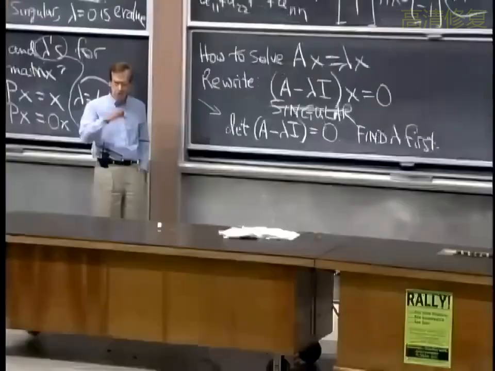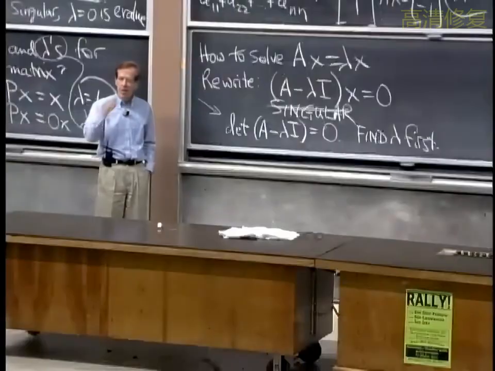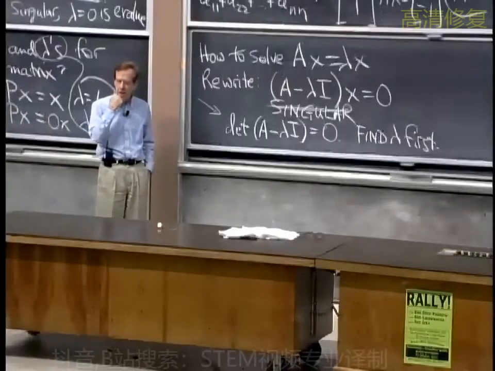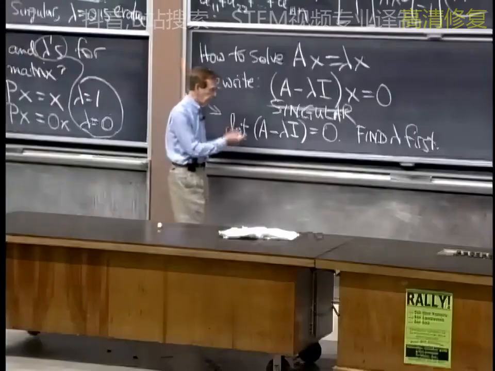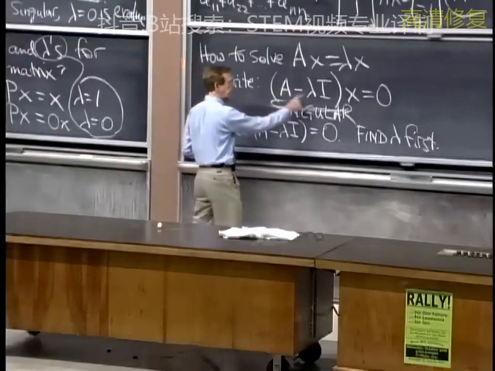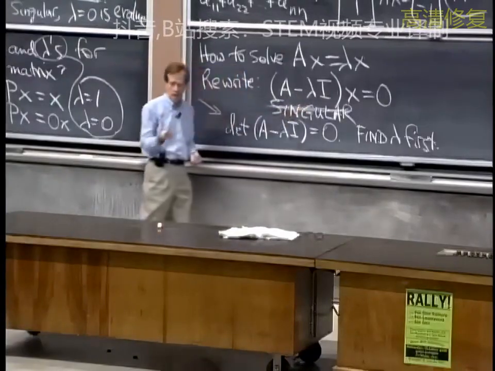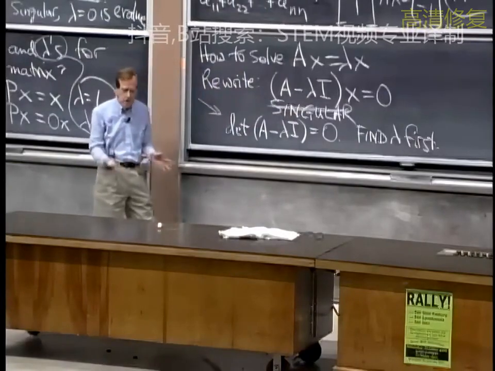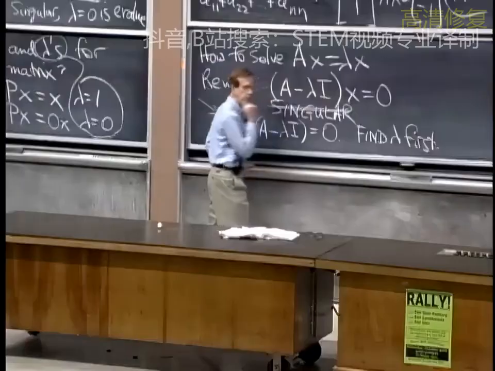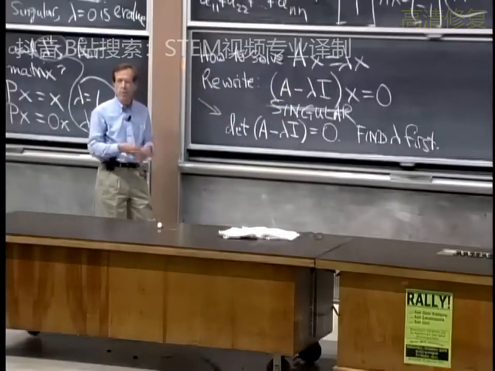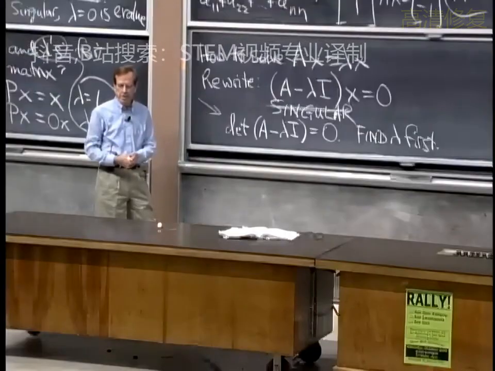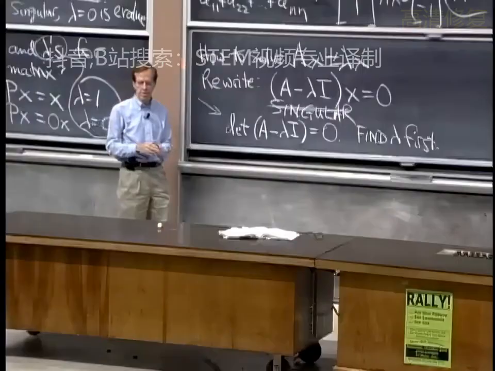Okay, and after I found this lambda, can I just look ahead? How am I going to find x? After I have found this lambda, one of the numbers that makes this matrix singular, then of course, finding x is just by elimination, right? Now I've got a singular matrix. I'm looking for the null space. We're experts at finding the null space.